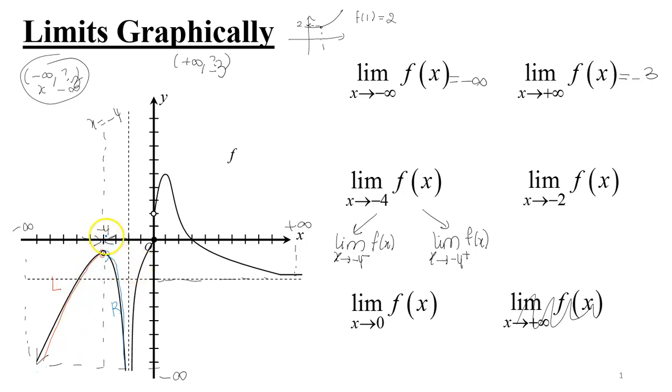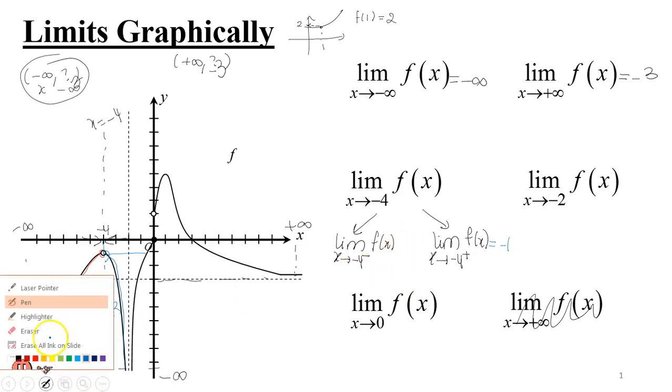If I look for the image of -4 on the blue curve, which corresponds to the right part of the curve, ignoring the red one, for x equals -4 we have y equals -1. So this limit is -1.